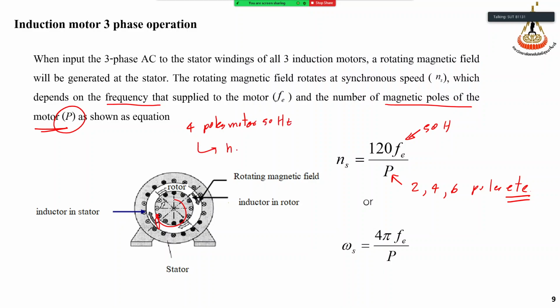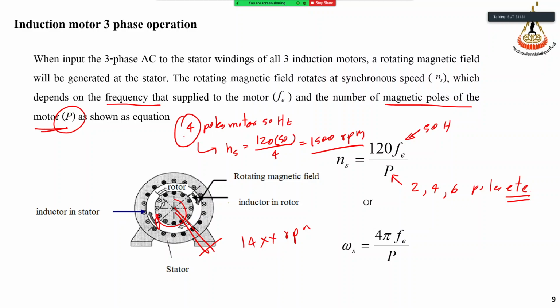The synchronous speed of this motor would be 120 times 50 divided by 4, and it's equal to 1500 RPM, right? It means that the rotor will operate a little bit lower, maybe 14 something RPM. This is a 4 pole motor.